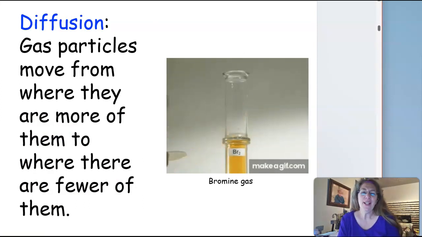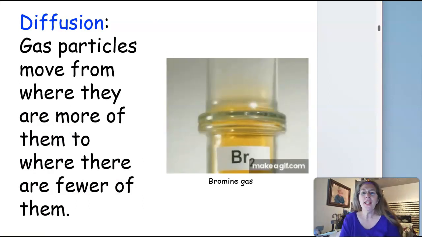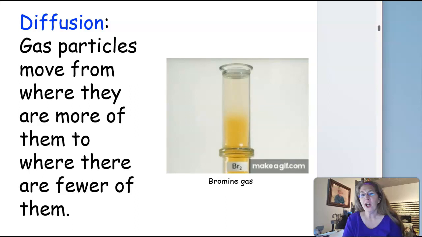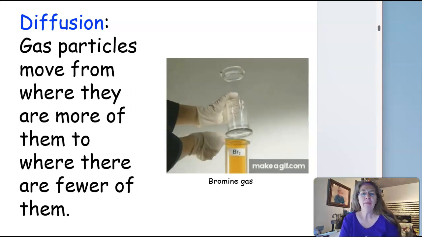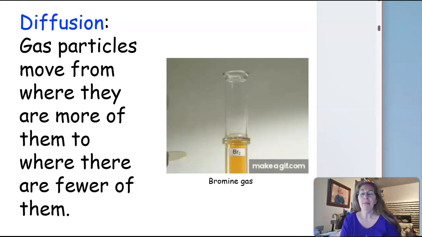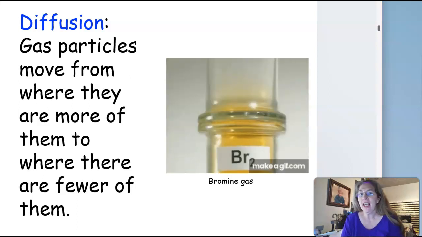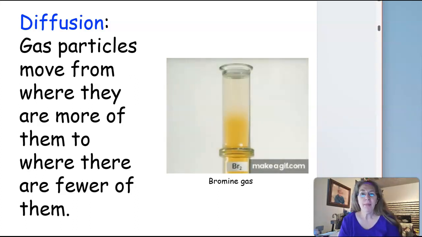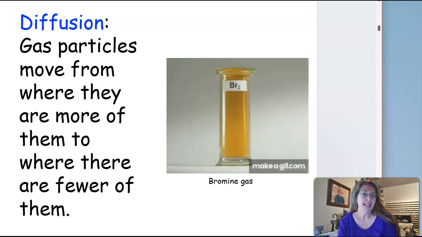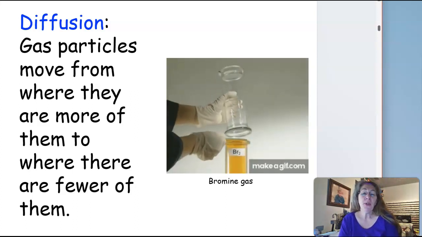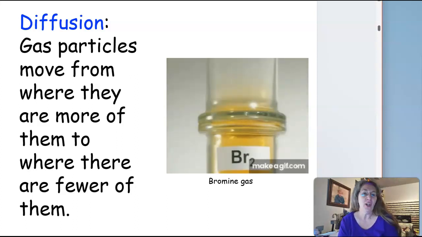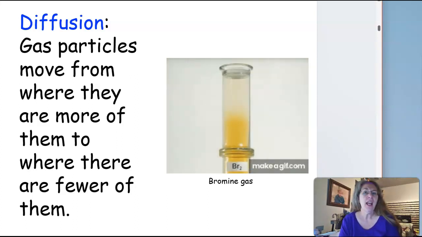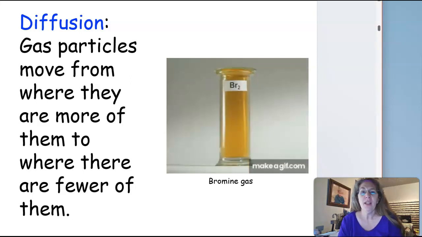Diffusion is another property. Diffusion is the movement of particles from a higher concentration to a lower concentration. So if I happen to open a bottle of vanilla in the back of the classroom at the beginning of class, I wouldn't be able to smell it at my desk in the front. But the person sitting right next to that bottle of vanilla, not knowing it was there, would start sensing the smell of vanilla.